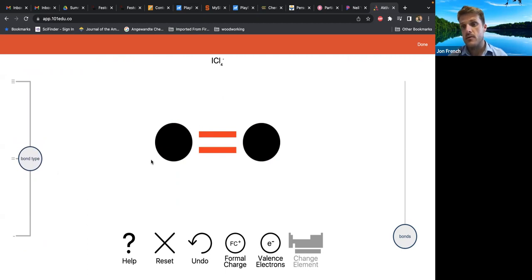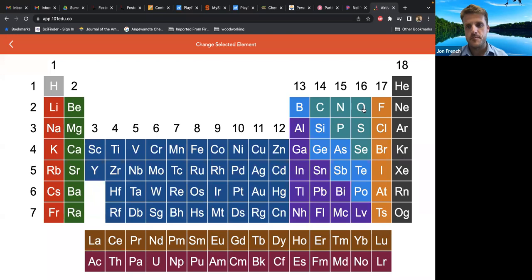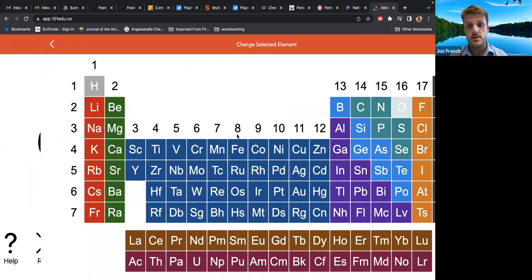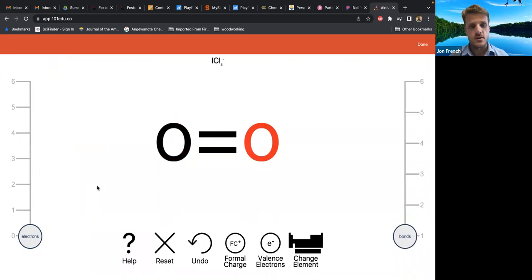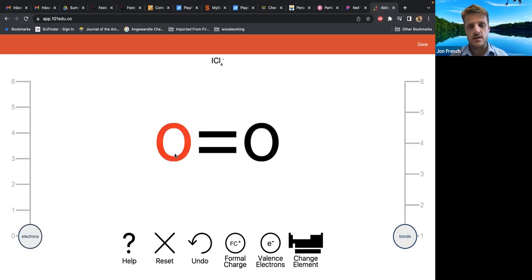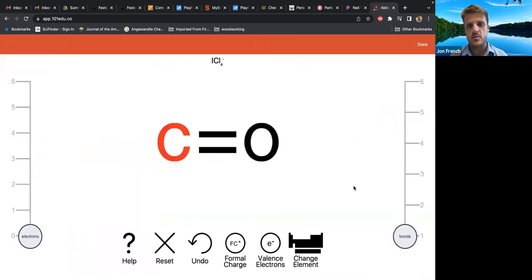So for example, if I wanted to make oxygen, O2 has a double bond in it. We would just click between those two to highlight that and change the number of bonds.